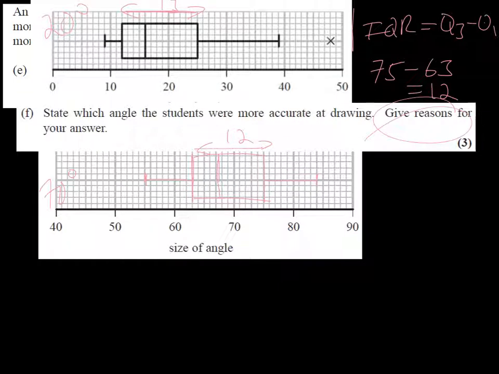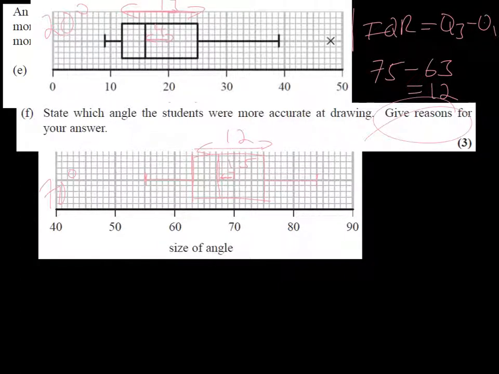And also we should be able to see that with the 70 degrees, the median is 68.5, which is just going to be 1.5 away from 70, whereas in the 20 degrees one, the median here is 16, which is actually 4 away from where it should be.